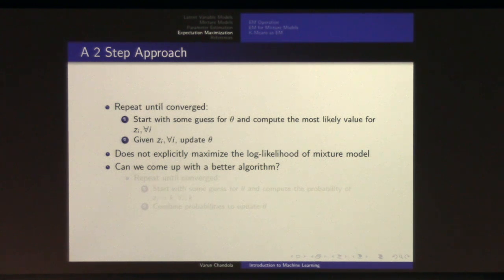So let me give you a simpler EM method, and then we'll go into the actual algorithm. One method could be that we start with some guess for theta, and then we compute what is z_i. Let's say we are trying to estimate the parameters of this problem.